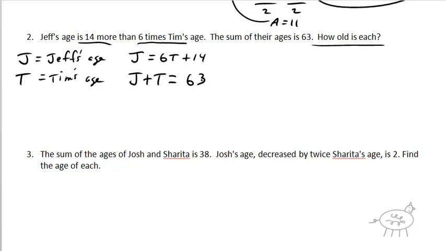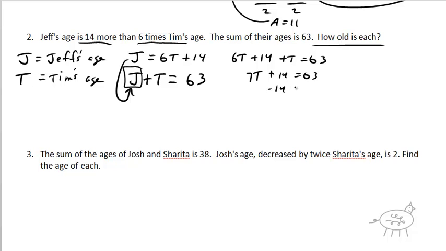How old is each? Okay, so again, it's just a little substitution in there. So it's 6T plus 14, so that's J, right? And then plus T is equal to 63. So you get 7T plus 14 equals 63. Subtract 14, so 7T is equal to 49, and divide by 7, so T is equal to 7.